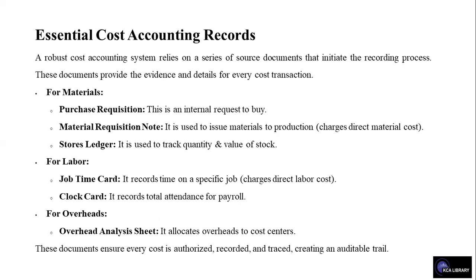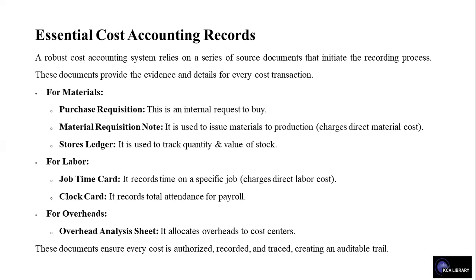What are the essential cost accounting records? A robust cost accounting system relies on a series of source documents that initiate the recording process, and these documents provide the evidence and details for every cost transaction. For material, the essential cost accounting records are the purchase requisition, which is an internal request to buy.